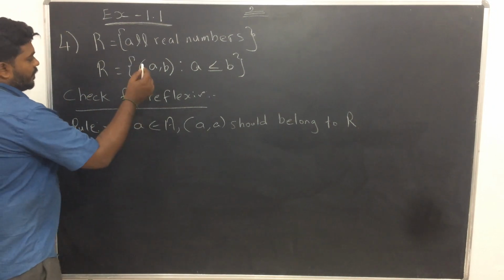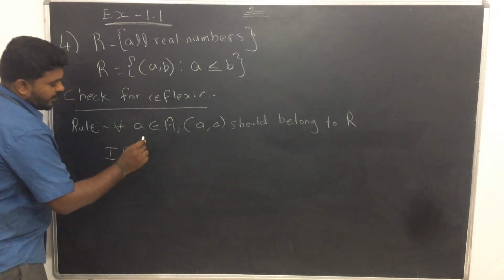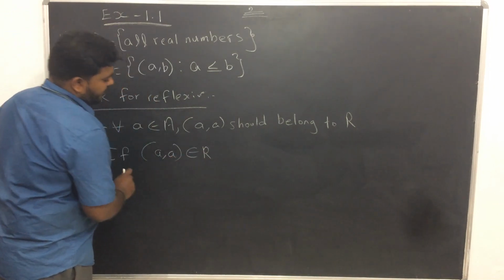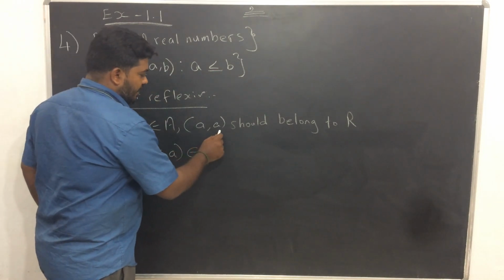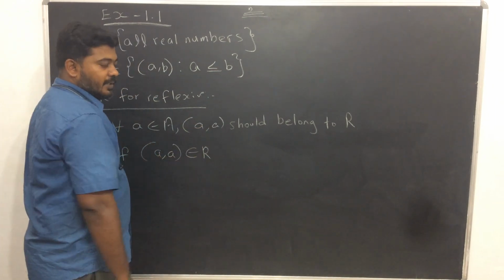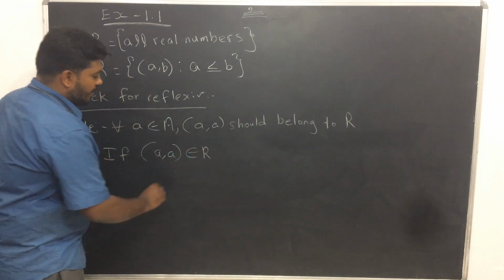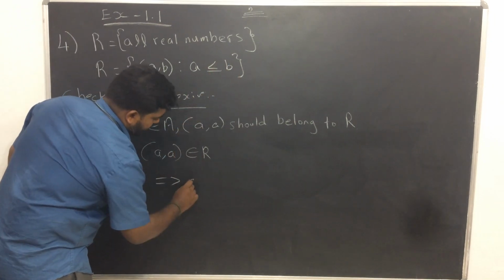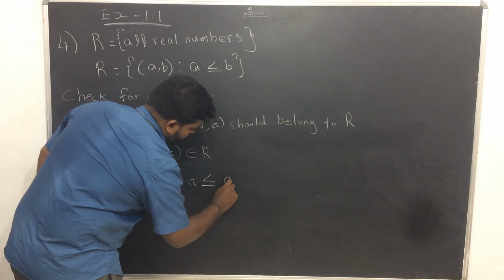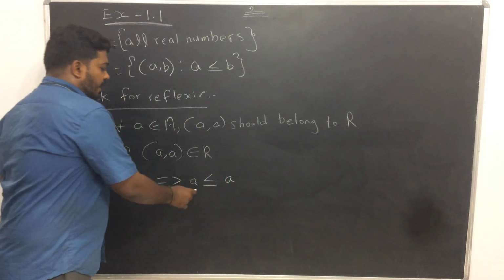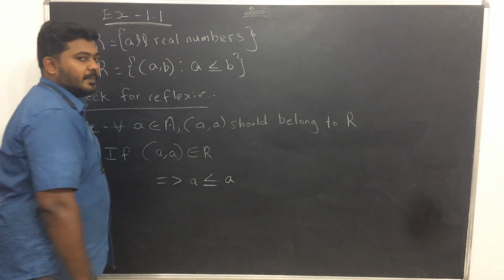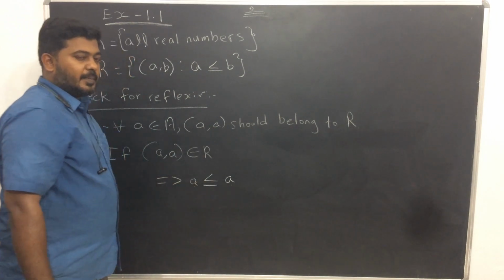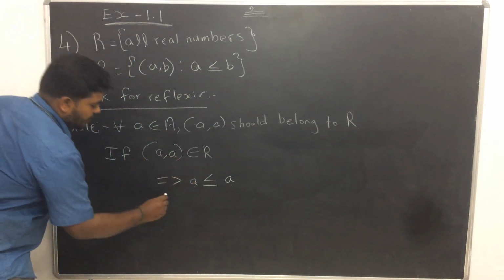If I consider that the ordered pair (A, A) belongs to the relation R, then what does it imply? It implies that A ≤ A. Of course, any real number will be equal to the same real number. Agreed? So this is true.